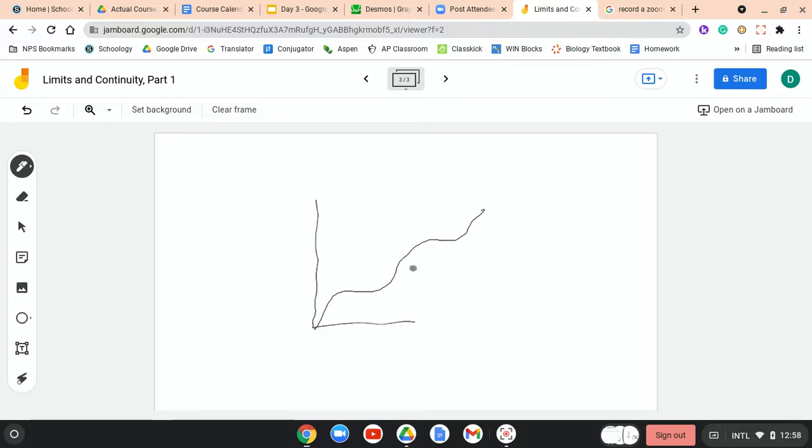So if I asked you to give me a number that corresponds to the rate of change of the function here, with our current knowledge, you wouldn't be able to. Because we don't know how to calculate the slope of non-linear functions. And in fact, it seems like we can't at all. I mean, how on earth would we calculate the slope of a non-linear function? It doesn't really have a defined slope or a defined steepness. It changes all the time.